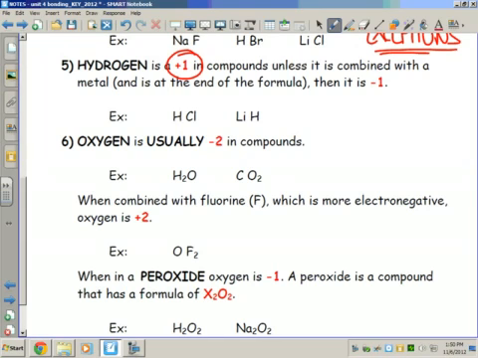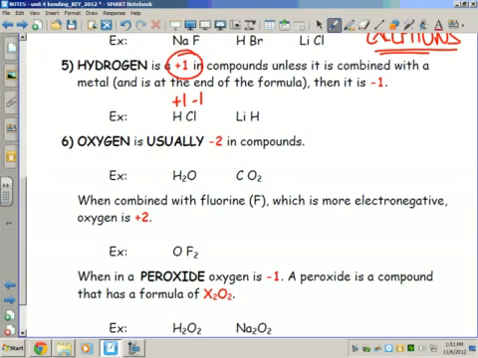And really the only two groups on the periodic table that contain elements that are bigger losers in terms of electrons than hydrogen are the group 1 and group 2 metals. You'll rarely see it with a transition metal, although it's possible. It's usually going to be with a group 1 or group 2 metal where they try to show you the exception to the rule. So here, hydrogen's usually +1 and the chlorine halogen is usually -1.